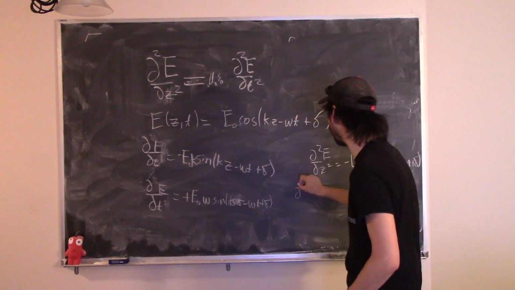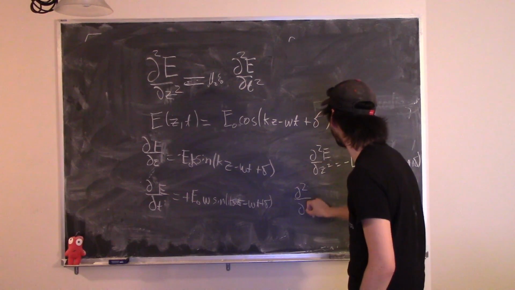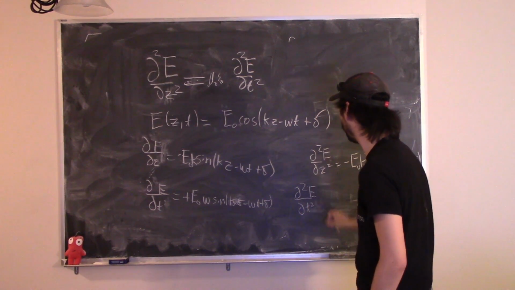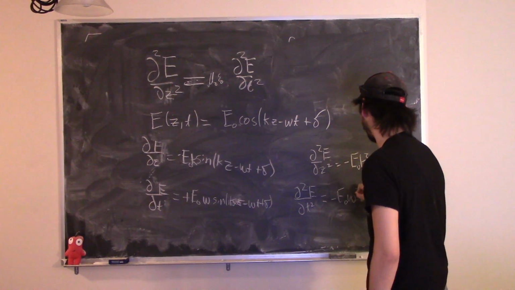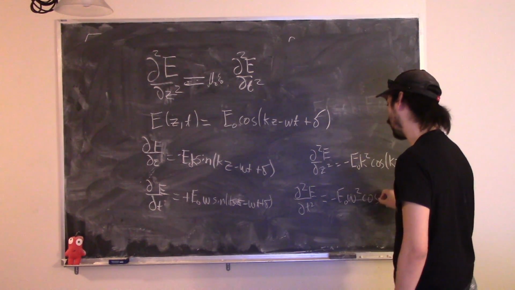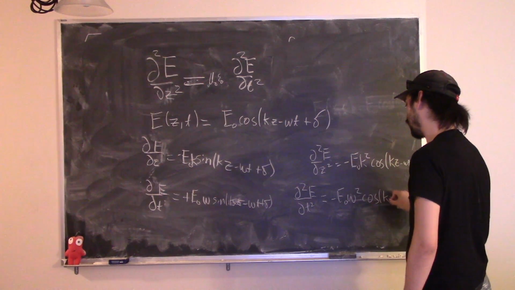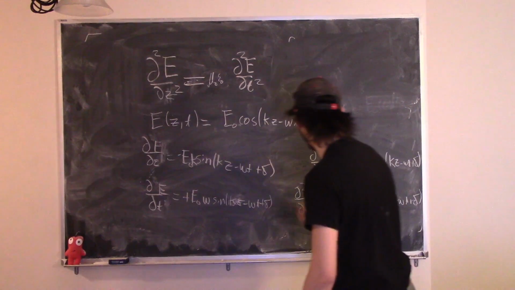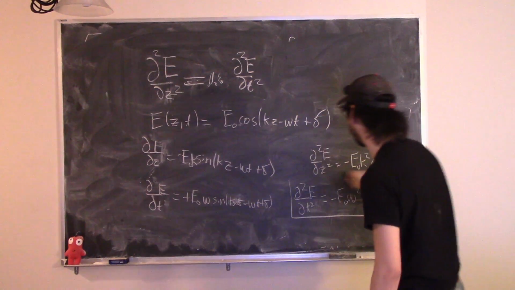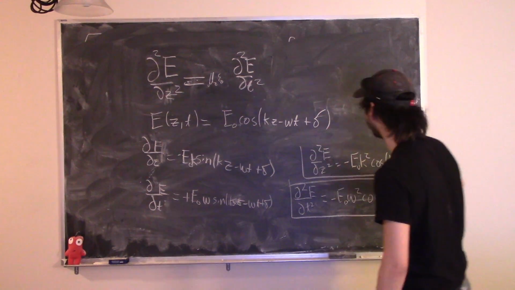And then the second time derivative is going to give me a minus E0 omega squared cosine of kz minus omega t plus delta. Okay, so now I have my second time derivative and my second spatial derivative.